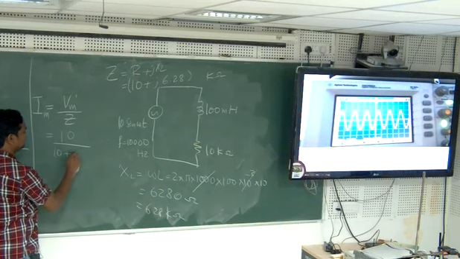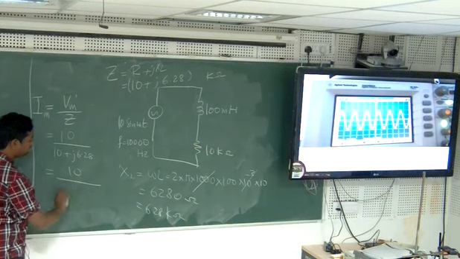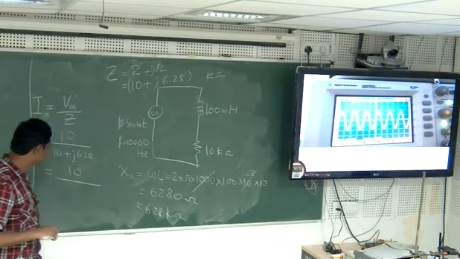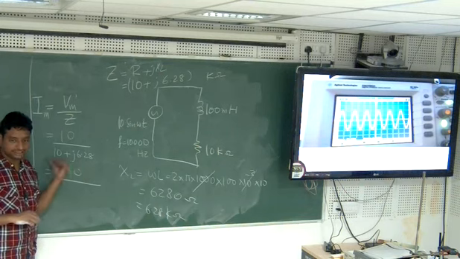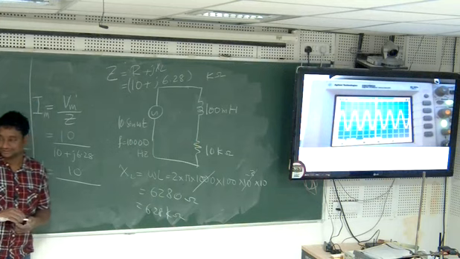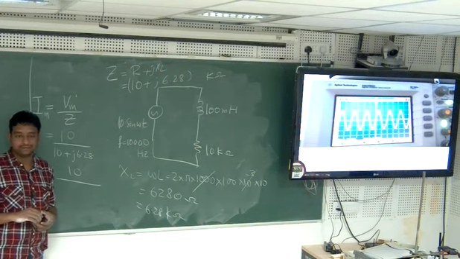10 plus J 6.28. Okay. How much is this? 10 square plus 6.28 square under square root. That will be the magnitude. How much is that? 11 point? Are you sure? 11.81.